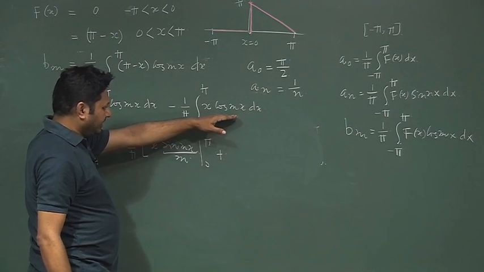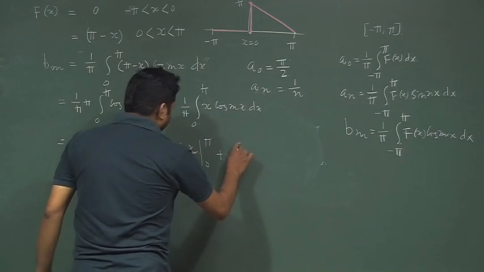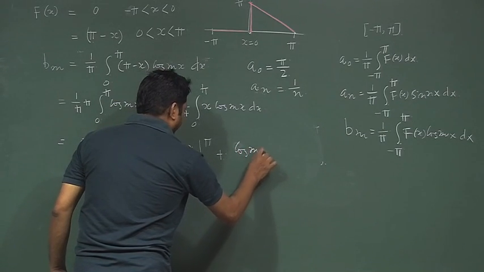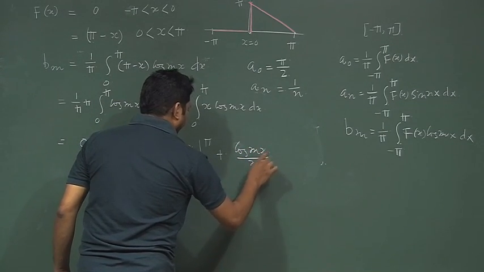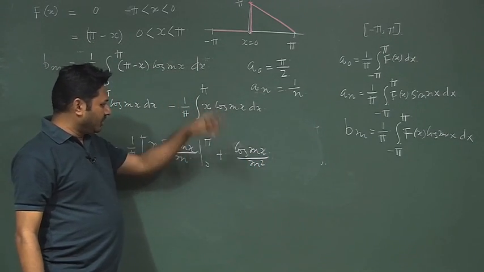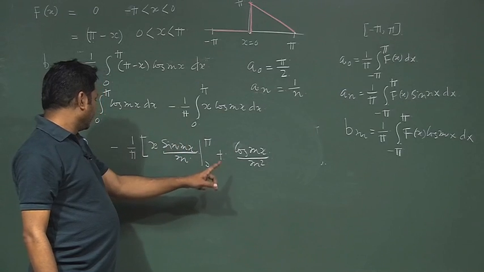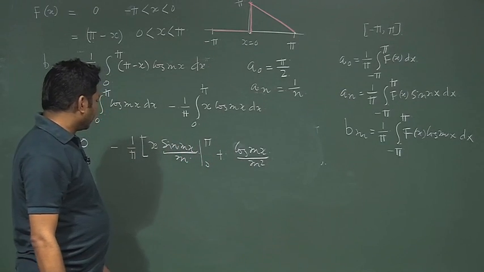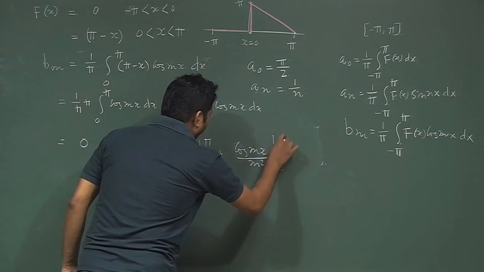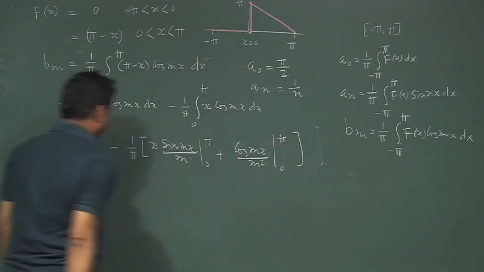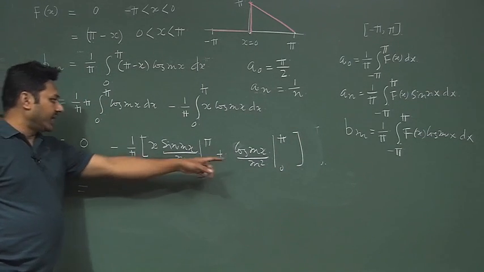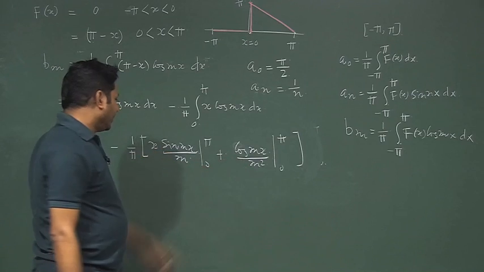When you integrate this twice, it comes to cos of mx by m square. The cos term becomes sine, then sine becomes cos, one negative sign comes, and this negative sign is absorbed here, with limits 0 to pi. Finally, when you put in the values, this term vanishes, but this term does not vanish.